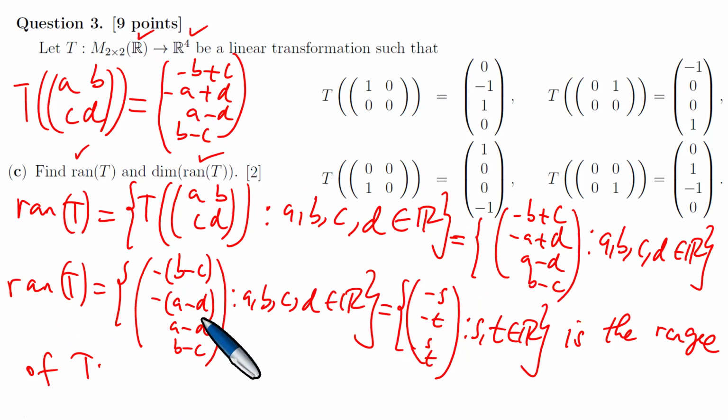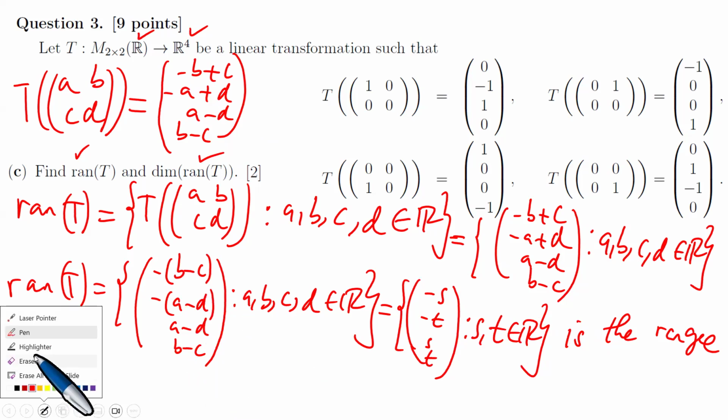I'm just looking at the order of the S and the T. Obviously we agree that this is minus B plus C, this is minus A plus D, this is A minus D. That is the image, but here it's the same. What is very important is that the first and the last will differ by sign. So the S is supposed to be the bottommost.